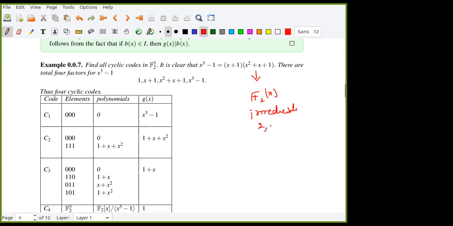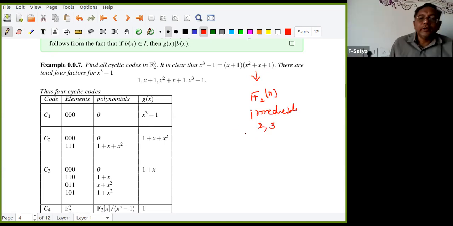For a polynomial of degree 2 or 3, I know whether it is reducible or irreducible simply by checking whether 0 and 1 satisfy it. 0 does not satisfy because 1 is there. 1 does not satisfy because there is an odd number of terms. So it is irreducible and I cannot split it further.